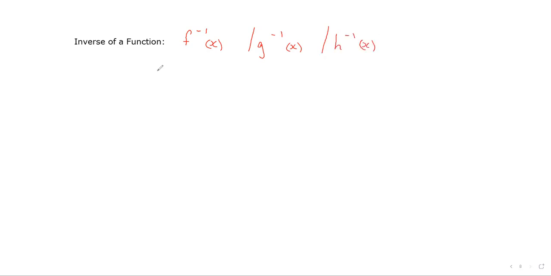And in order to find the inverse of a function, you're going to have to remember that you need to lick. Right, so you're going to remember to lick, where L means you're going to let y equal to the function. I means to interchange x and y, which simply means where you have x, you'll put y, and where you have y, you'll put x.